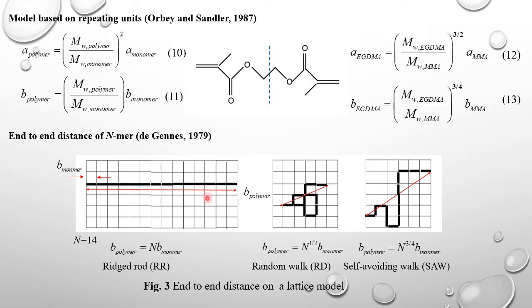If the polymer chain were a rigid rod, it is considered an overestimation, and the random walk model is considered an underestimation because there is overlapping. Normally there won't be overlapping in a polymer chain. So we consider the self-avoiding walk and modify the Orbe and Sandler equation accordingly. That's how we obtain equations 12 and 13.